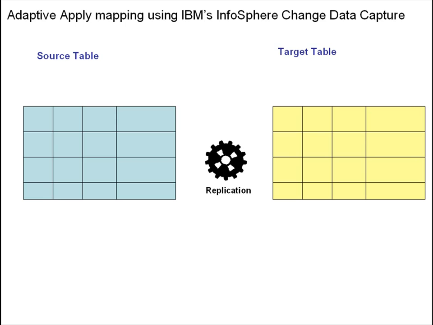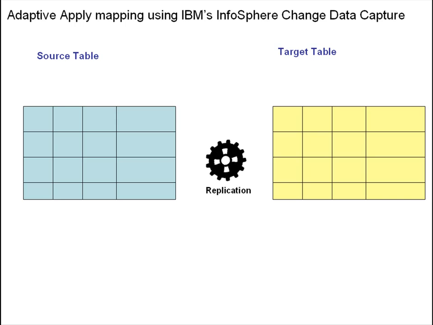In an adaptive apply type of mapping, if the operation of the source is an insert operation, and say for example that insert operation does not result in identifying a record in the target table, then the insert operation is directly translated into an insert operation on the target. We do not have any issue, but the issue comes when the target table already has a record matching the same replication key.